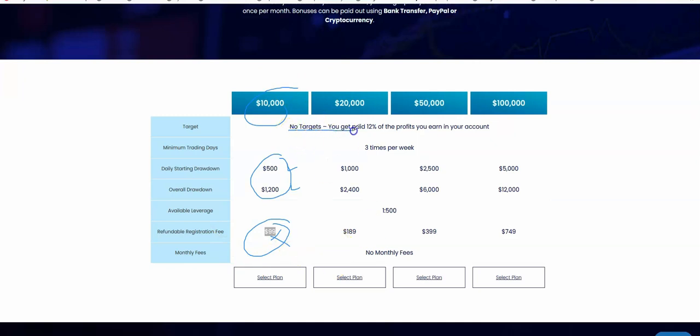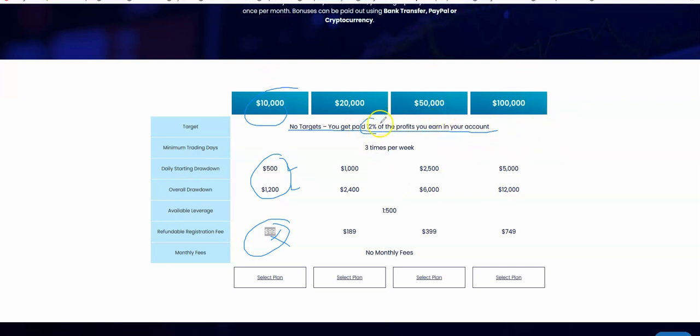But here's the thing I want you to focus on. You get paid 12% of the profit you earn right from day one. So if you buy this account today and start trading it, you are going to earn 12%. The question is, can you take that as money or an account that you can use to trade and learn to improve yourself?